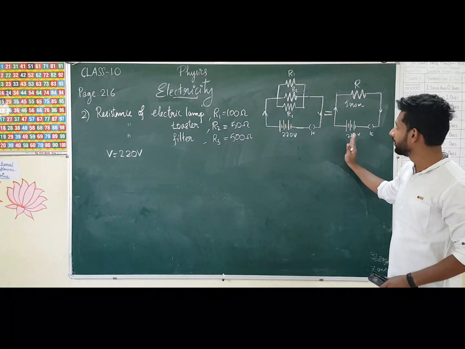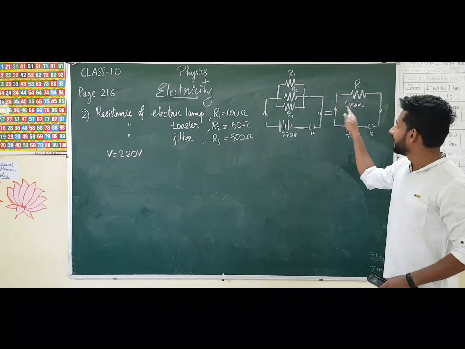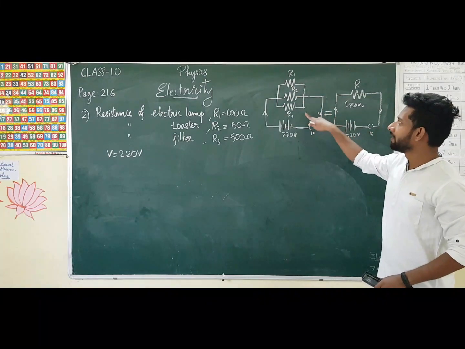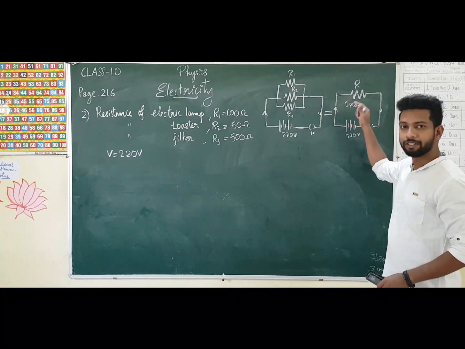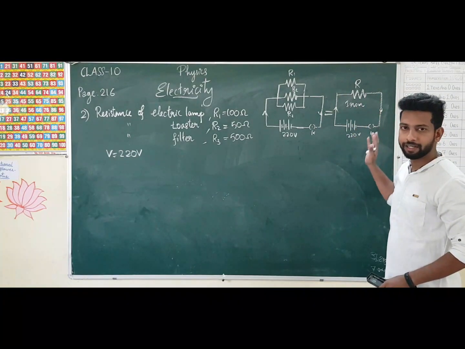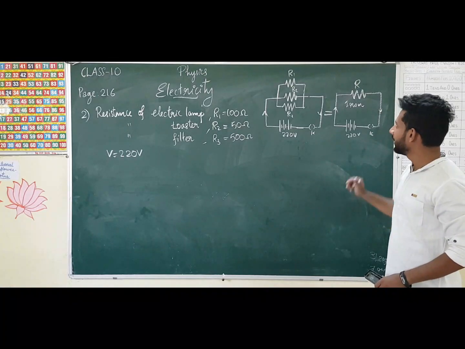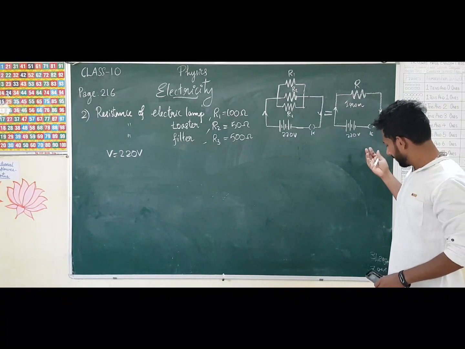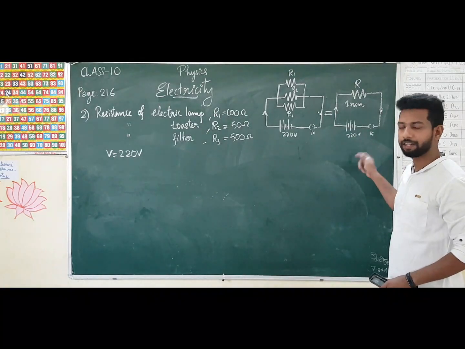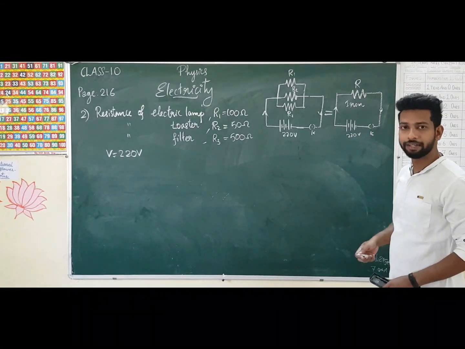So I have drawn one more circuit where the entire equivalent resistance of these three appliances is equal to the total resistance provided by the electric iron. Our question is to find the resistance of the iron as well as the total current flowing through the circuit, that is, the total current drawn by the electric iron.